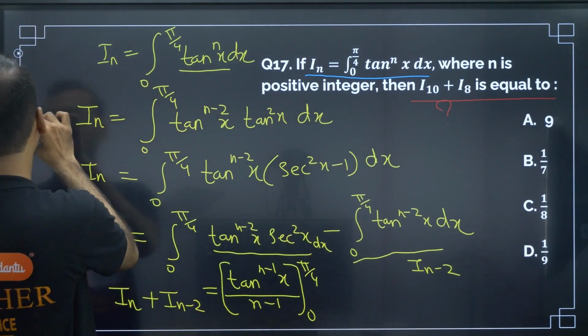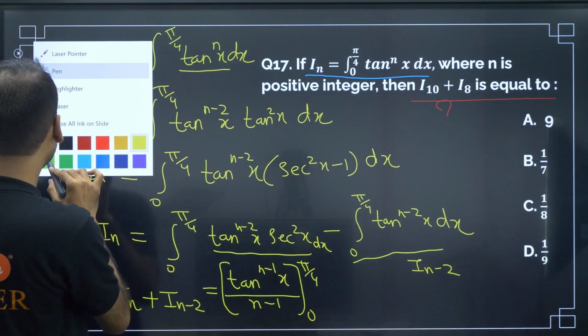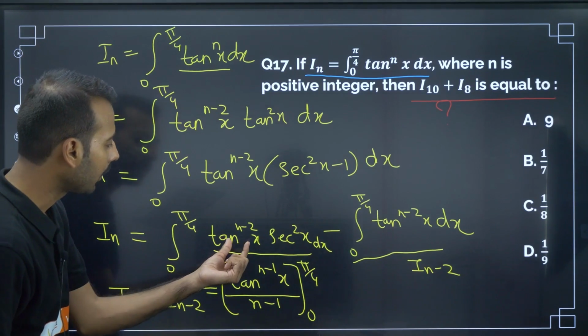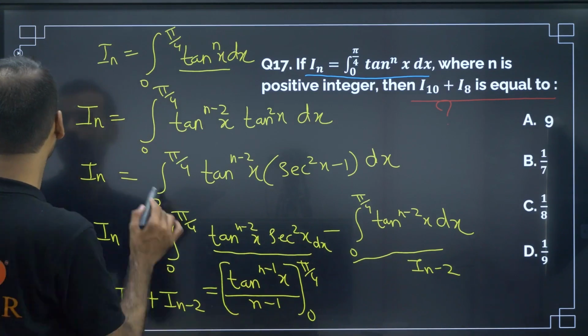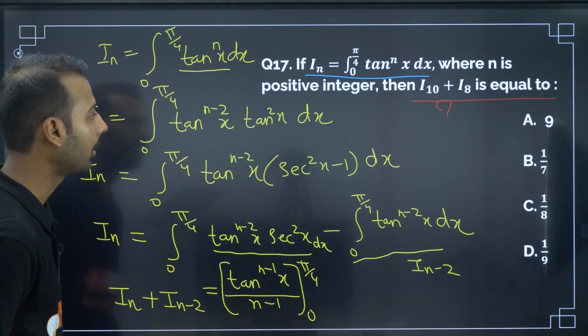Now some students will say, sir, we have not understood how you are integrating tan n minus 2 x secant square x dx. Now one formula I will tell, or if you might be knowing, then it is a good thing.